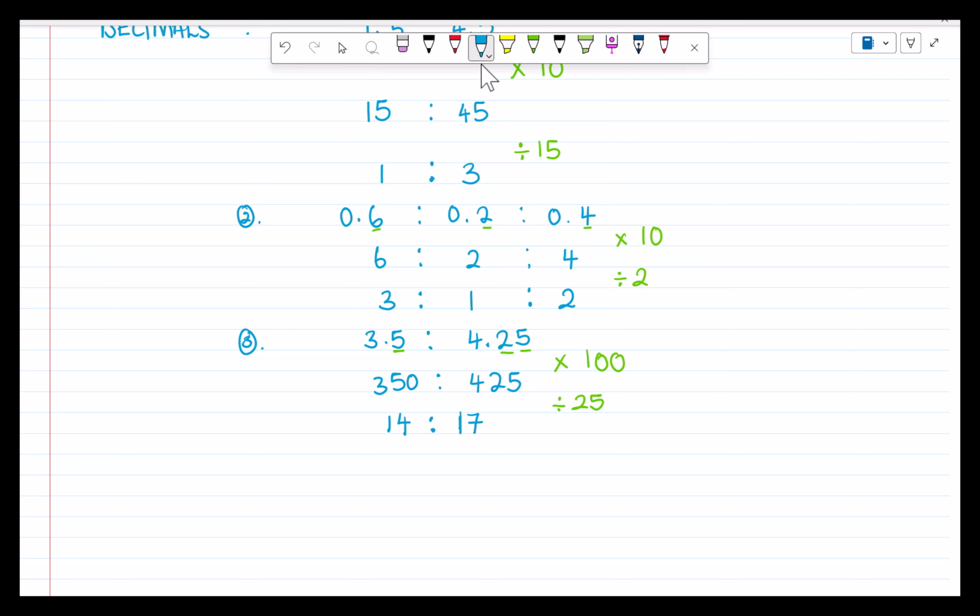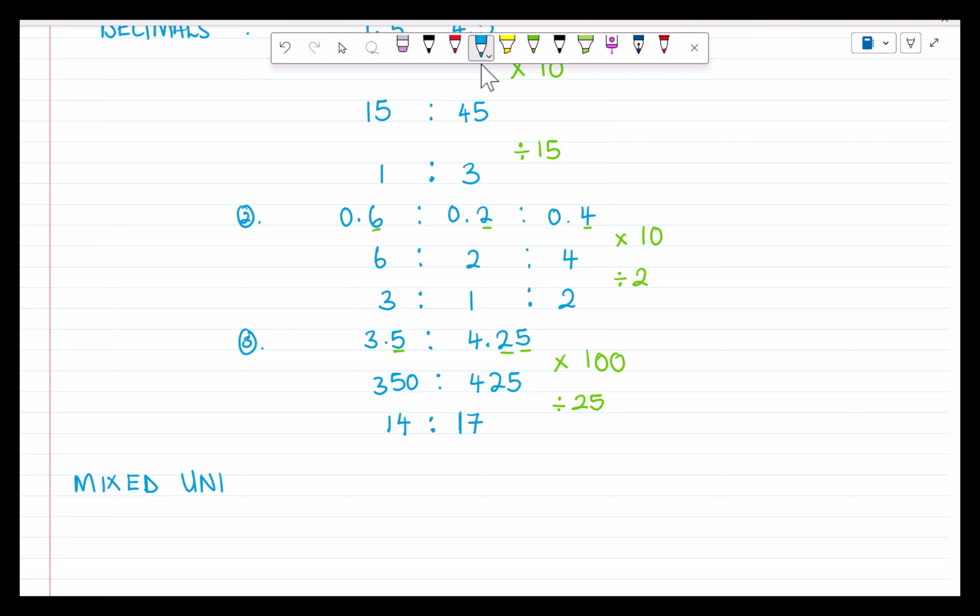We cannot further simplify this because 17 is a prime number. Hence, our final answer is a ratio of 14:17.